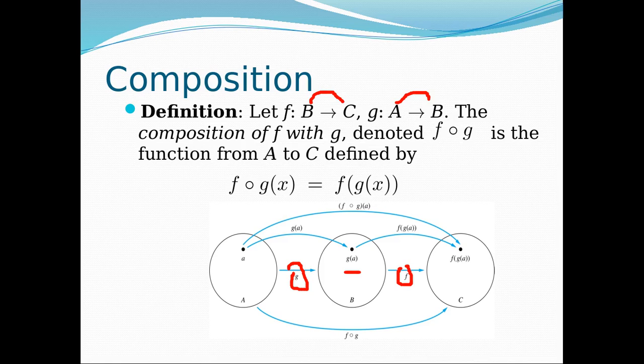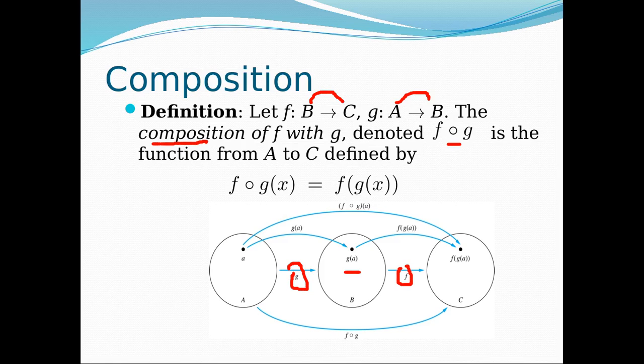Now we have a notation f o g. It looks like it is written "fog", but it is not actually fog, it is f o g, which is the composition of f and g, the two functions. The composition means you compose them together, you attach them together.